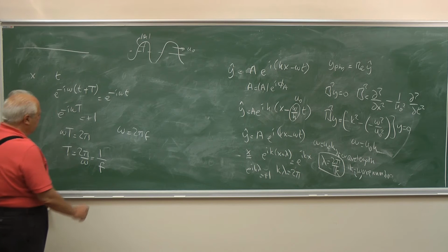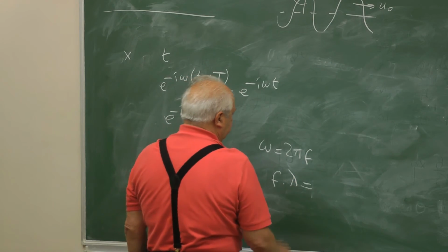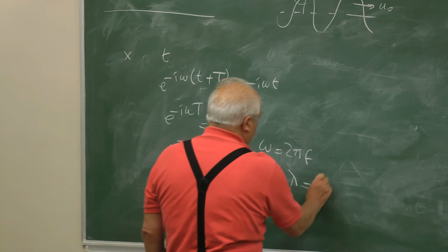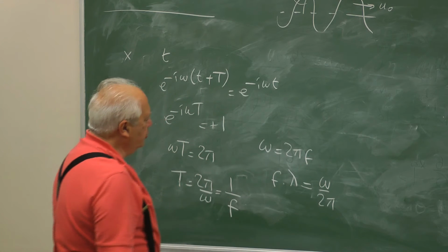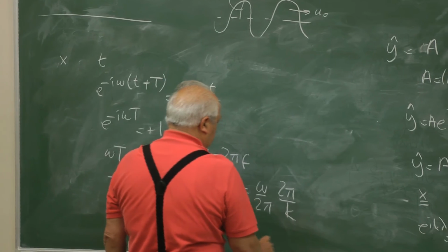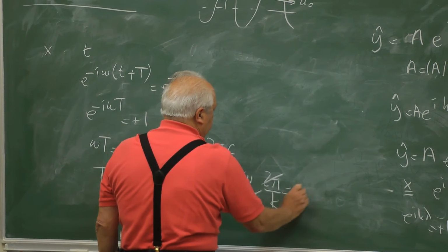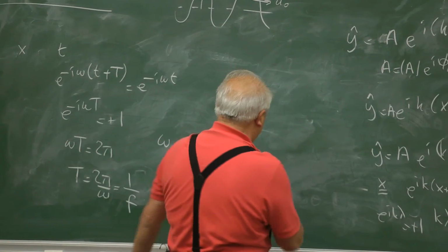And if we multiply f and lambda, f times lambda, f is omega over 2 pi, lambda is 2 pi over k. So 2 pi is cancelled. Omega over k. But we defined omega over k as u0.